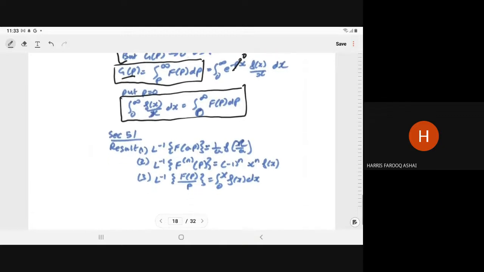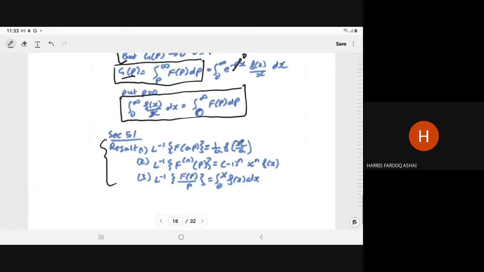I will show you with an example, right? And a few more formulas, from whatever formula we have just derived, you can get the results. L inverse of f(ap) is 1 upon a f(x upon a).